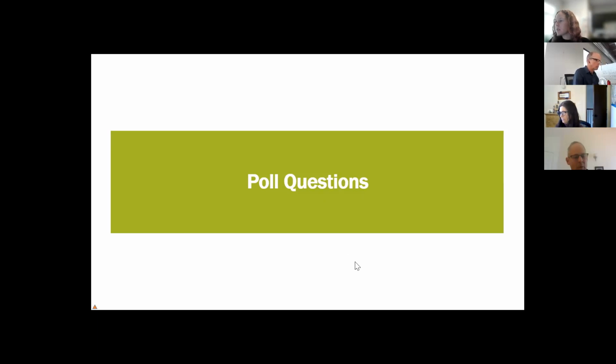All right, so it looks like, let's see. Share results. So lots of people marked funding as the biggest challenge, and staff availability also ranked pretty high here.